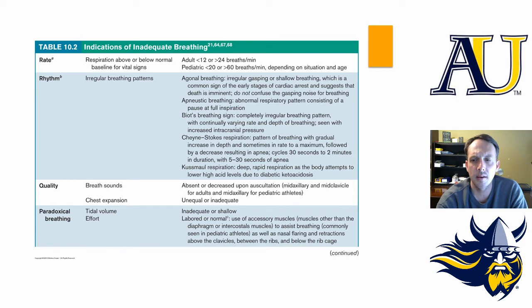So when we get here, if you remember when we were talking about breathing from the standpoint of a vital sign, we talked about rate, but also the rhythm and quality, this idea of quantitative and qualitative data for our vital signs. And so we have our rate, right, and our normal is between 12 and 24 breaths per minute, a little higher for pediatrics depending on the age and the situation.